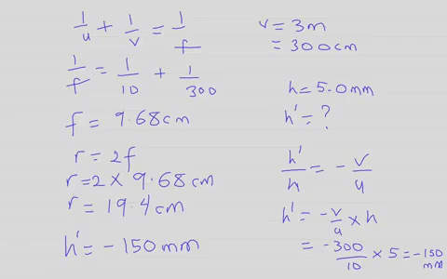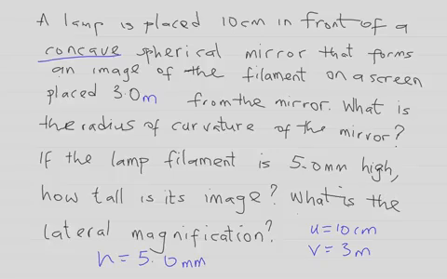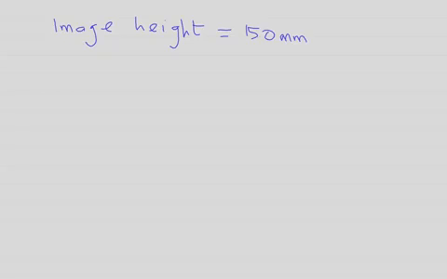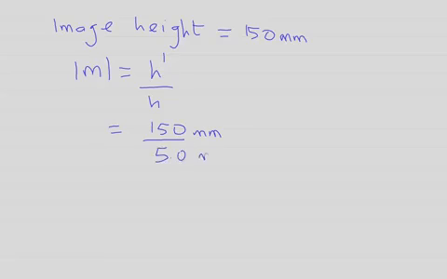Now, another part of the question says, what is the lateral magnification? The lateral magnification, M, is H prime over H. So that's 150 millimeters divided by 5.0 millimeters. So the answer here is going to be 30.